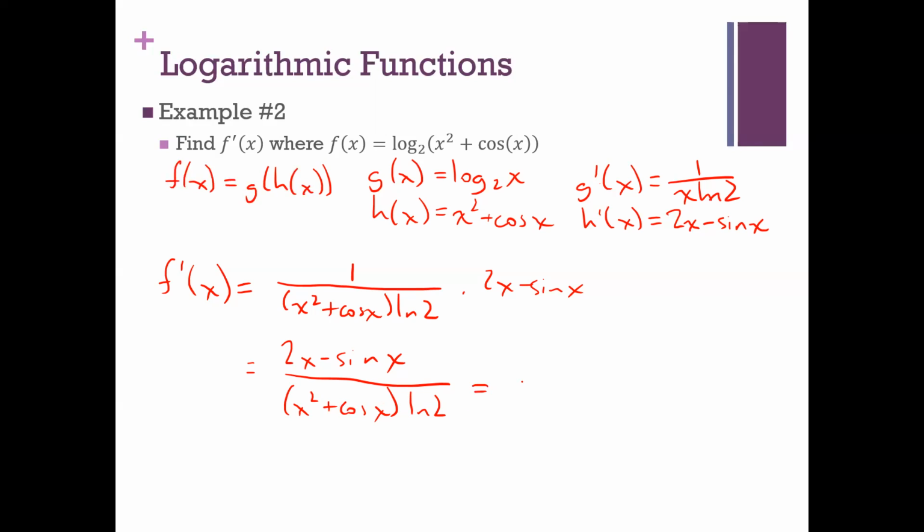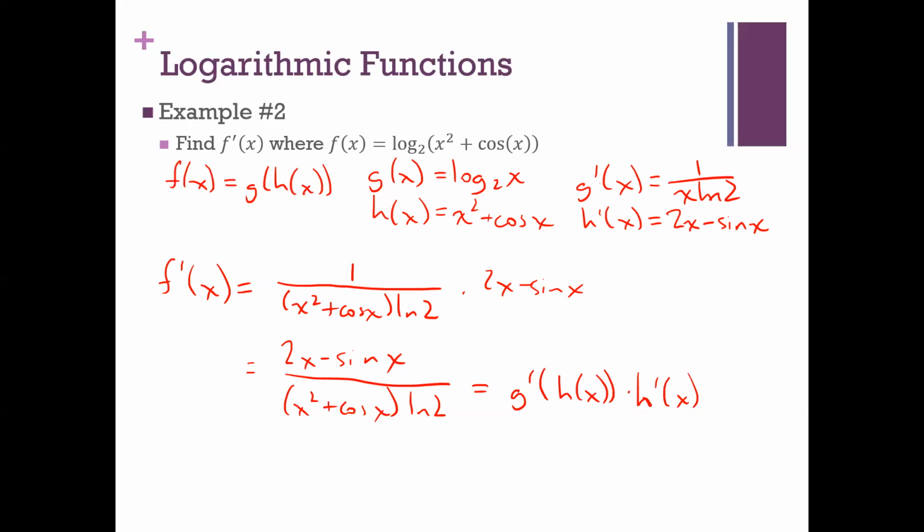And here's a reminder of how we use the chain rule: we took the derivative of g, evaluated at h, then multiplied that by the derivative of h. So you have a composite function there, so you have to use the chain rule. Any questions about this specific one here?